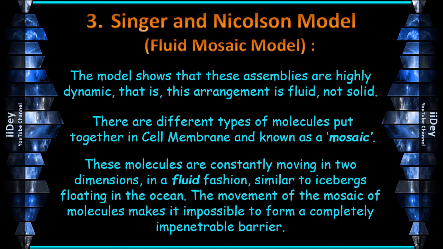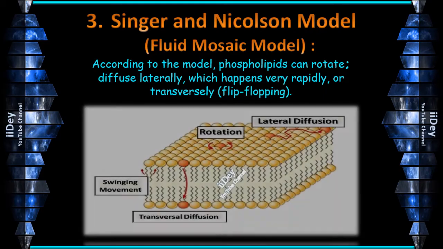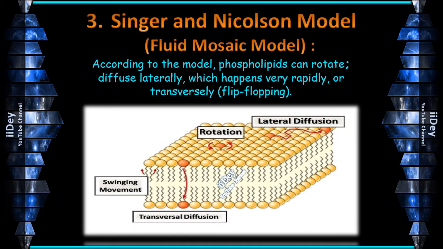These molecules are constantly moving in 2 dimensions in a fluid fashion, similar to icebergs floating in the ocean. The movement of the mosaic of molecules makes it impossible to form a completely impenetrable barrier. According to the model, phospholipids can rotate, diffuse laterally, which happens very rapidly, or move transversely, that is, flip-flopping.